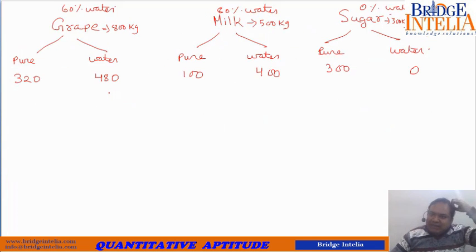So water reduces from 480, 25% is gone. So only 75% of water remains. So 75% of 480, so 3 by 4th of 480. So 3 by 4 into 480 is equal to how much? 360.